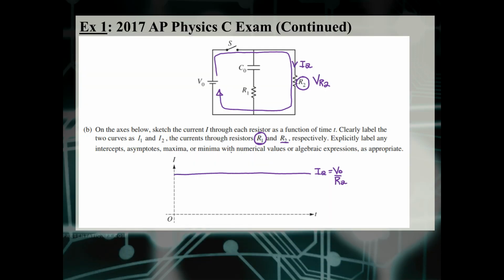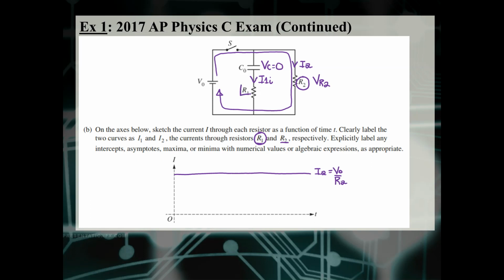So if I go back to my picture, what we would have is current that moves through this branch. We'll call that I1 initial, I1i. But initially, with there being no charge in the capacitor, V across the capacitor would be 0.